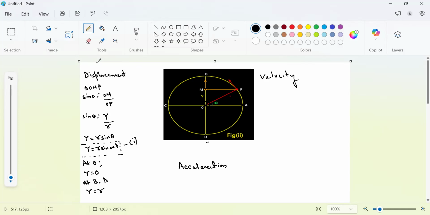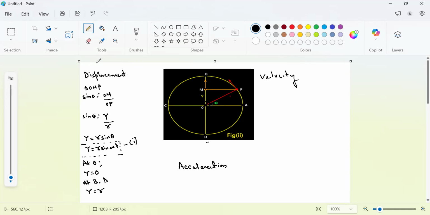The displacement of M at the mean position will be 0, whereas at B or at D, the displacement of particle M, that is the distance from the mean position, is maximum and is equal to the radius of the circular path traveled by this point P. And this maximum displacement is also known as amplitude.